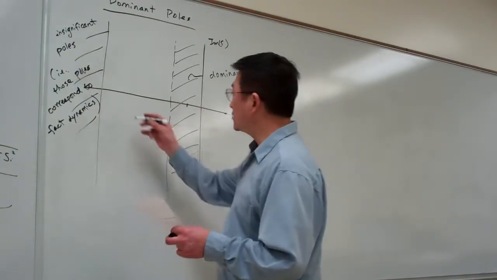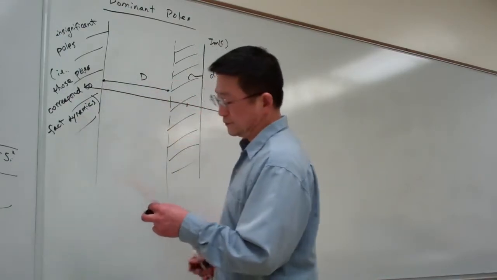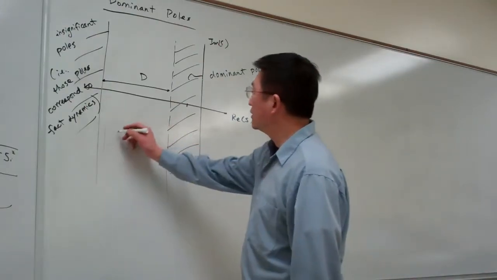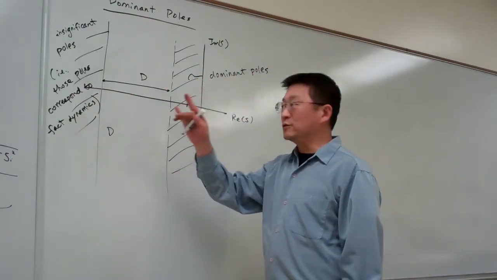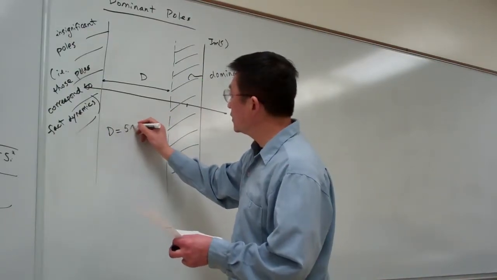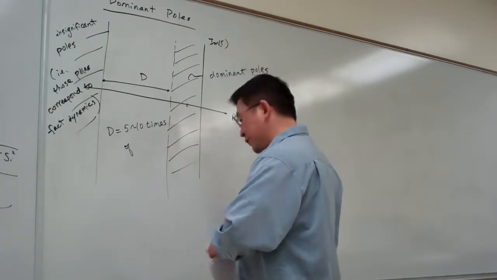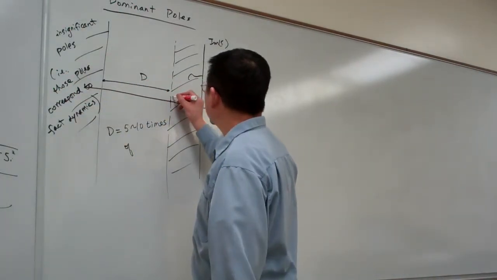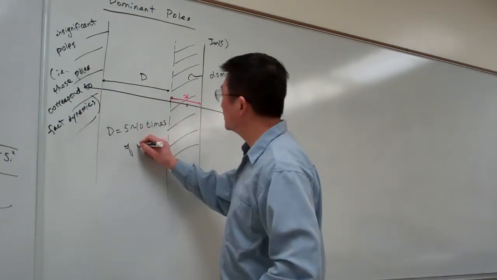As long as you can determine the distance here, it's called D. And D, using rulers to define a gap, is about 5 to 10 times of, let me call this value, alpha.